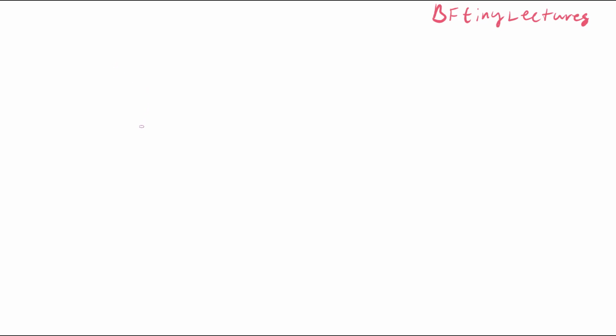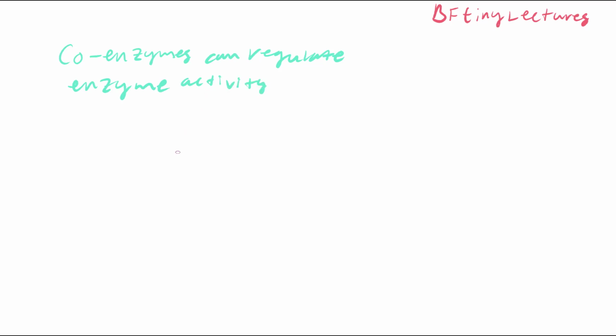What else can coenzymes do? Well, coenzymes can regulate the enzyme activity, okay? So how can they regulate the enzyme? Well, one way that they can actually regulate enzyme activity is by inducing. They can induce something, they can make something happen, or they can reduce something, right?